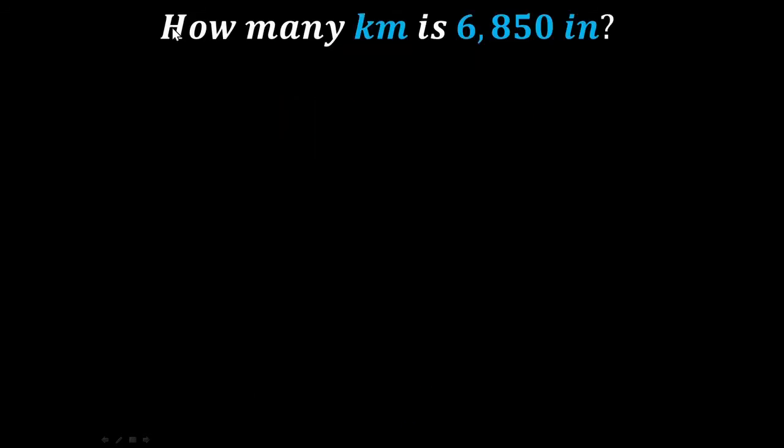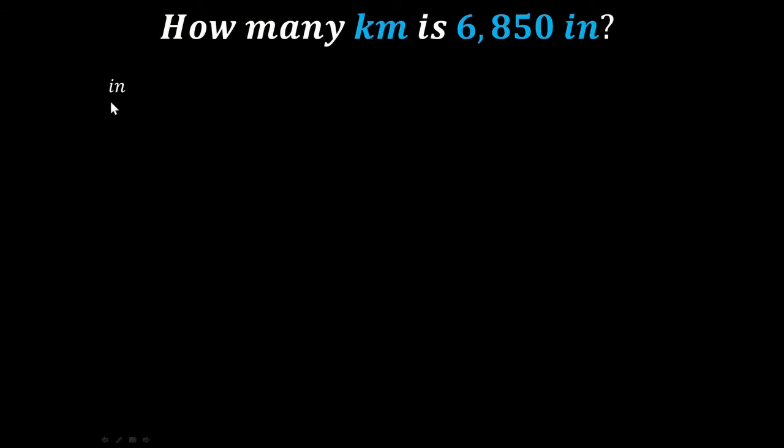So here we go. Now we're ready to convert using this really neat technique called dimensional analysis or unit analysis. The question is, how many kilometers is 6,850 inches? We may not know a direct conversion from inches to kilometers, but if you can envision a connective path going from inches to kilometers.